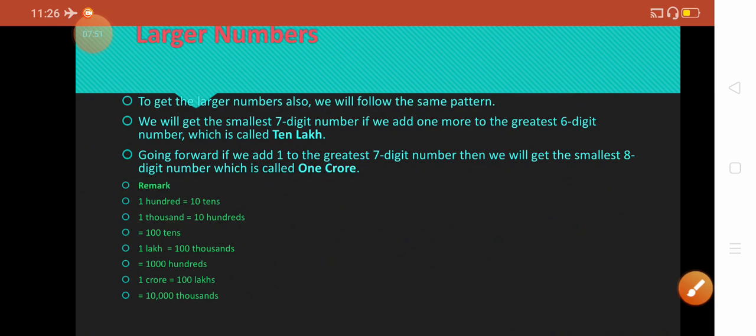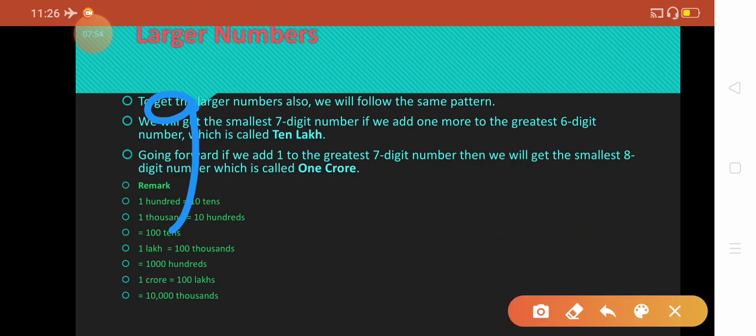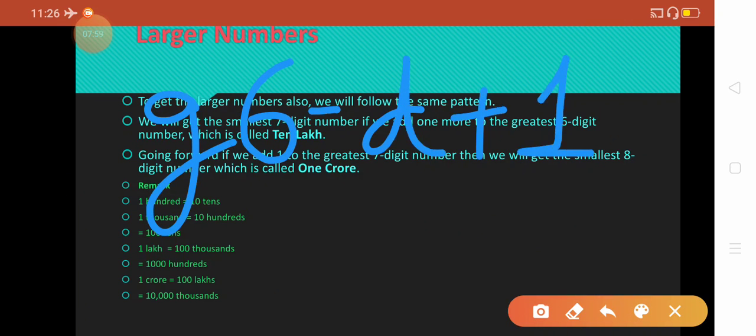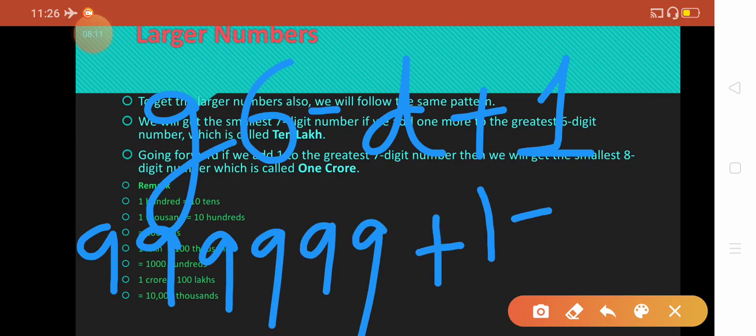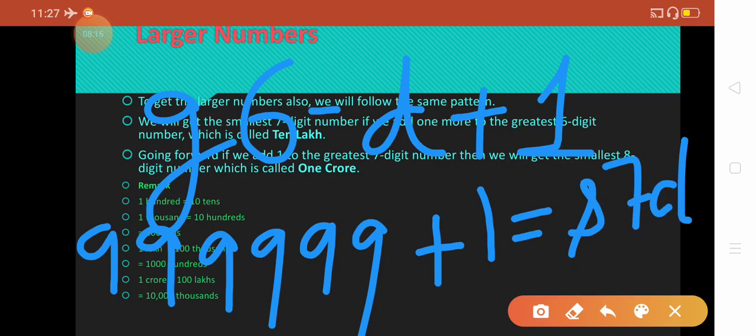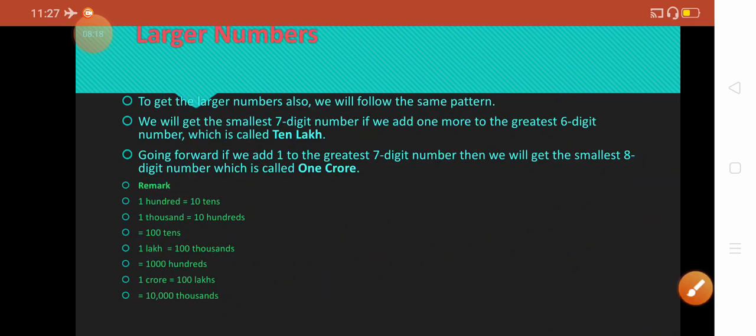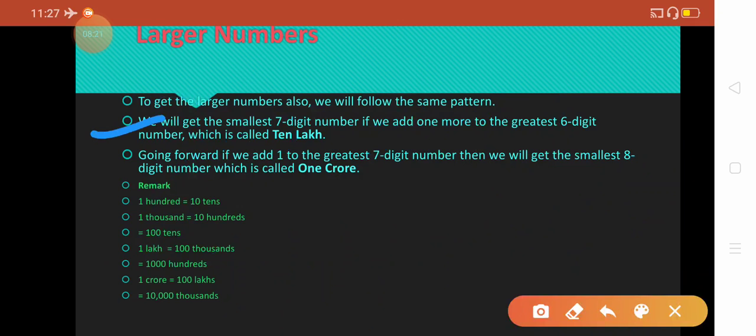We can get this by adding 1 to the greatest 6 digit number. 999999 is the greatest 6 digit number. If you add 1 to this, you will get the smallest 7 digit number. Understand? So you will get the smallest 7 digit number if you add 1 more to the greatest 6 digit number, which is called 10 lakh.